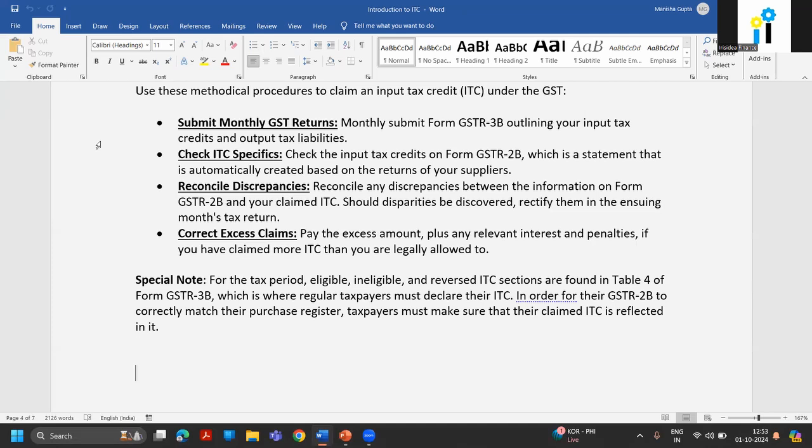Means whenever you claim the ITC, you have to make sure that in your GSTR 2B all the purchase invoices are showing. If you have claimed any ITC but it is not showing in your GSTR 2B, then it will be an excess amount you have claimed, then you have to pay the interest or penalty for that.